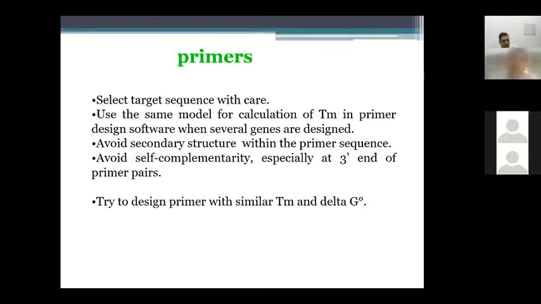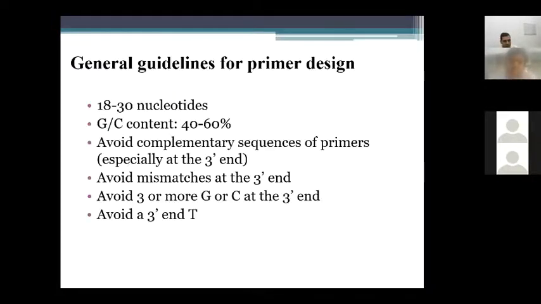So we are designing an experiment. We need a good primer.